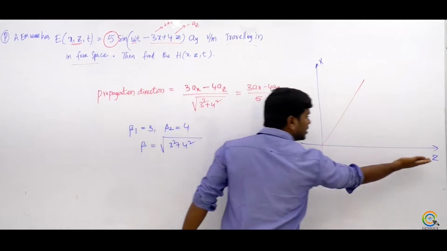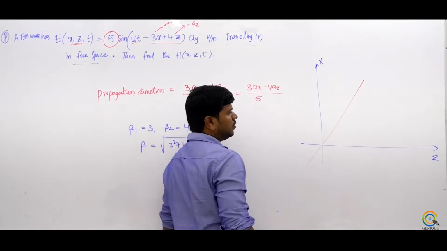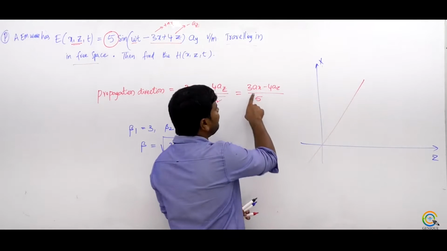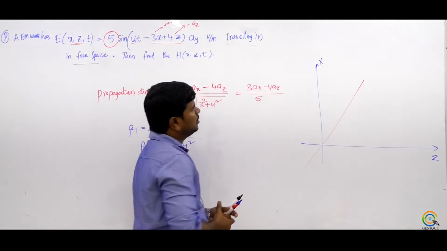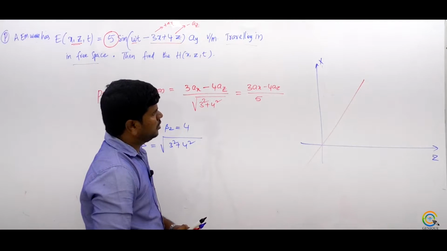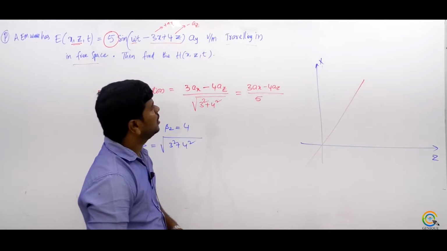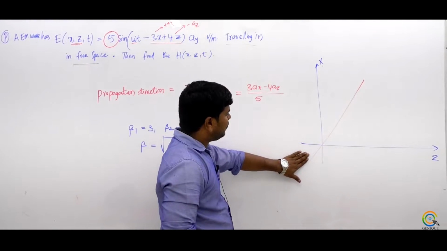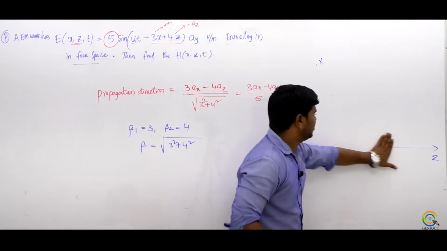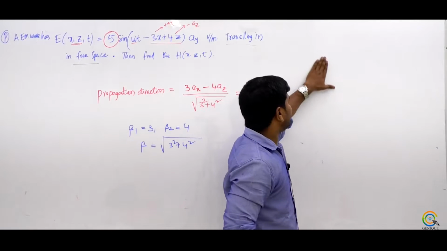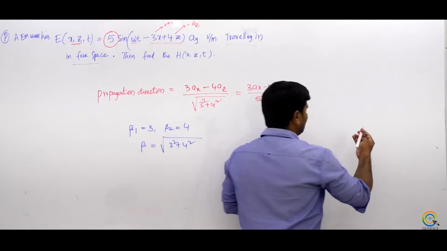Why have I taken this Z after Z? It must be X. It must be Y. So it is traveling in positive X direction and negative Z direction. See how the wave will be traveling. That wave is traveling in positive X direction and negative Z direction.